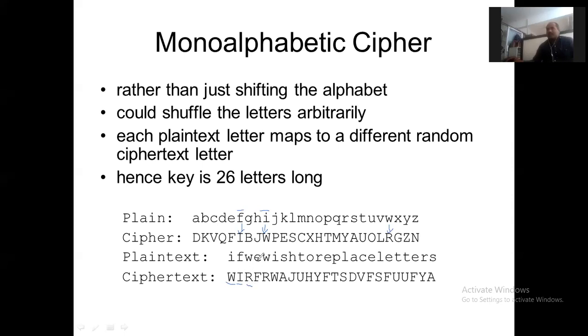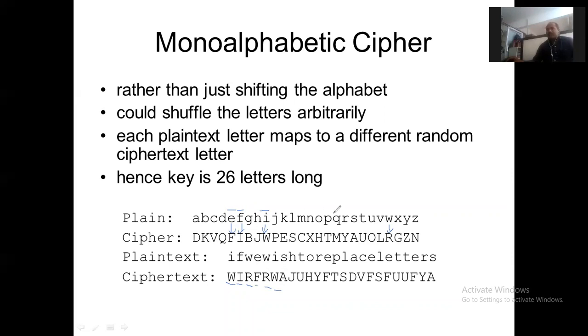Again, the next one is the E. We need to search for the E. Here is the E, and the corresponding letter for the cipher is F. So here we got the F. Again, the next one is the W, and for the W we got the R. Again, the I is there, and for the I we got the W. Now the S is there.